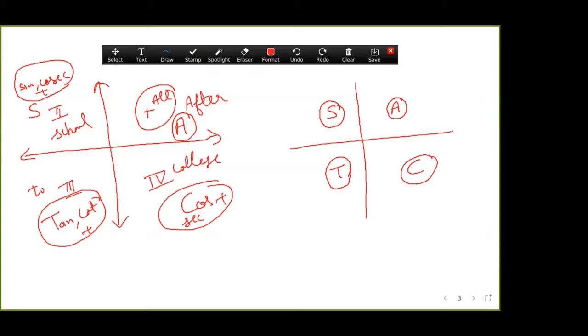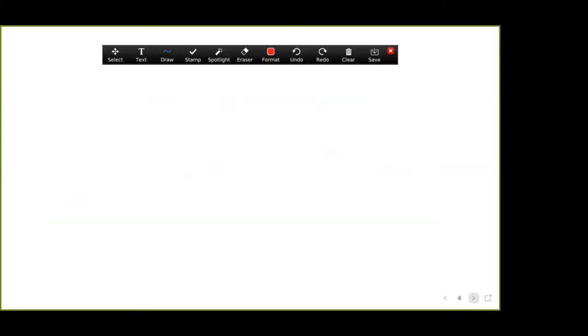Now, the next table which you have to learn is what the values are in conversions. You have studied that sine 90 minus theta equals cos theta.